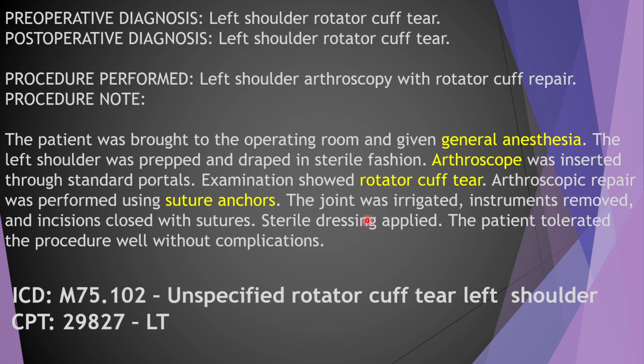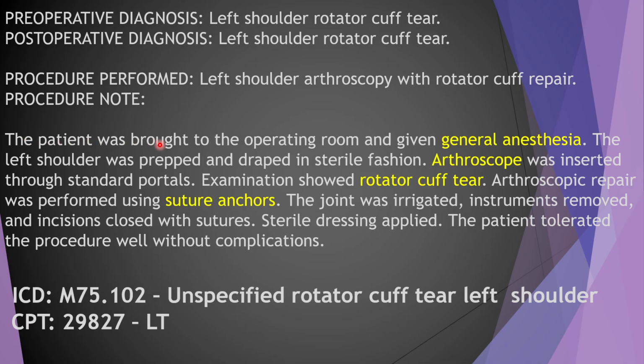So now we'll see the navigation of the OP report one by one. Here the pre-operative diagnosis is left shoulder rotator cuff tear, the post-operative diagnosis is left shoulder rotator cuff tear, and the procedure is left shoulder arthroscopy with rotator cuff repair.